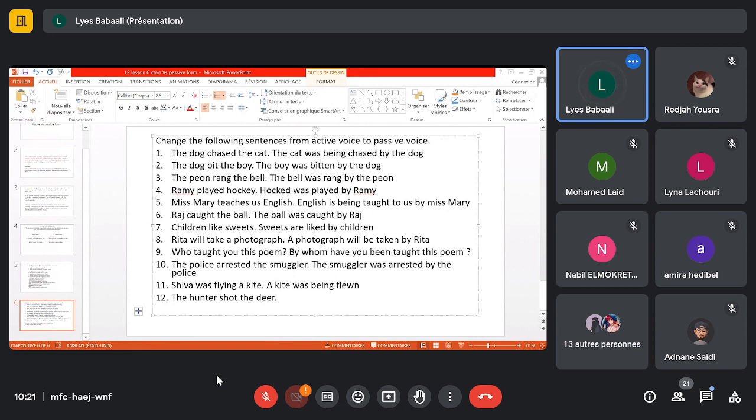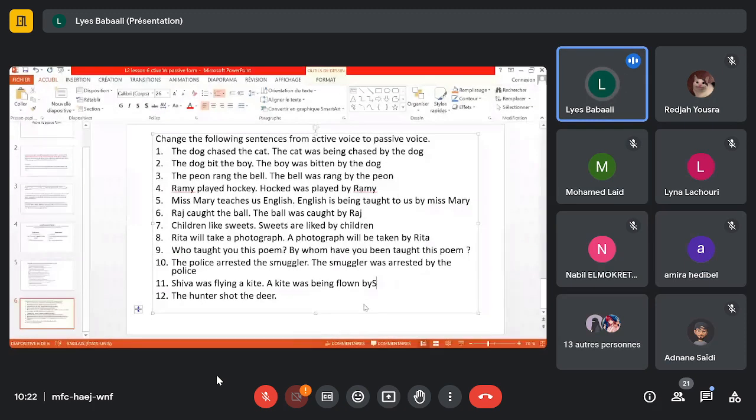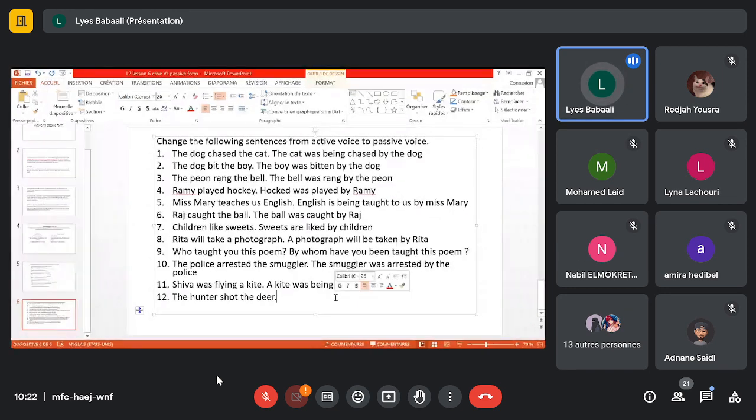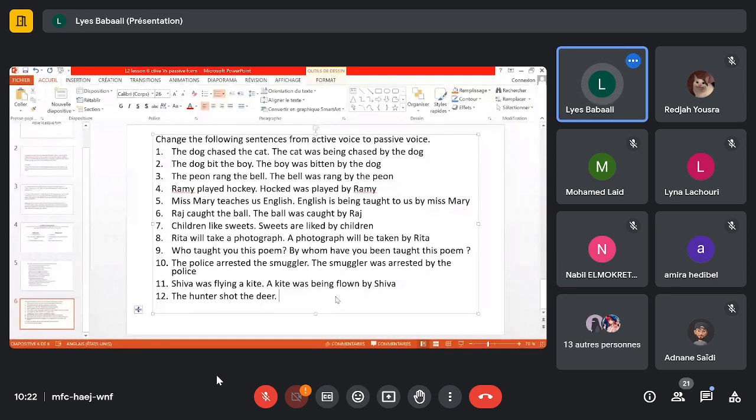Flown, yeah. Being flown by Shiva. And lastly, the deer was shot by the hunter.